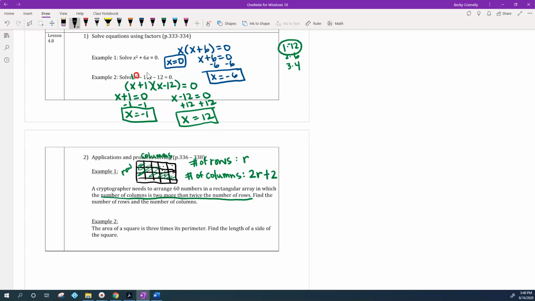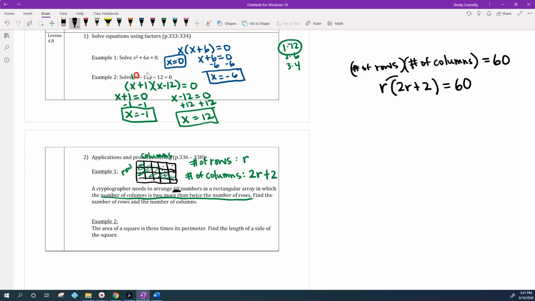I want the number of rows times the number of columns, and I know that has to equal 60 because that's what they said. Well, my rows is just r, and my columns I'm calling 2r plus 2. So I have r times 2r plus 2 equals 60.